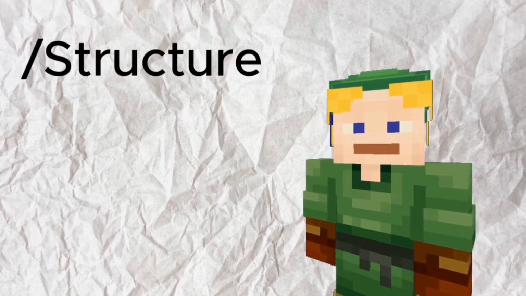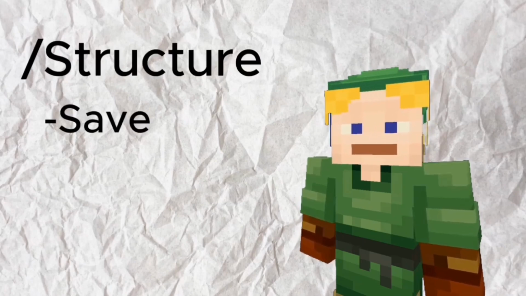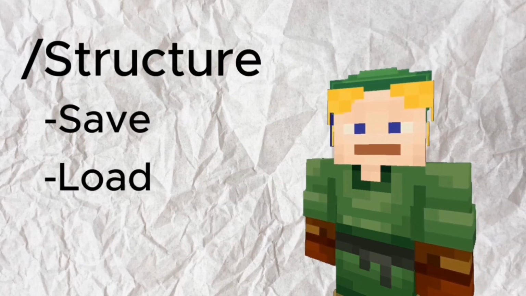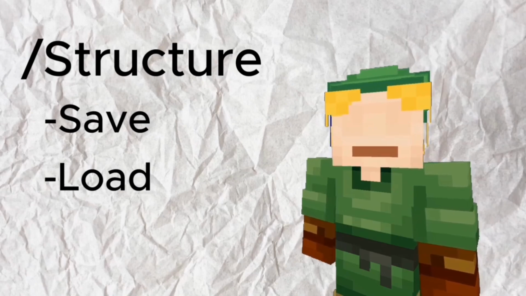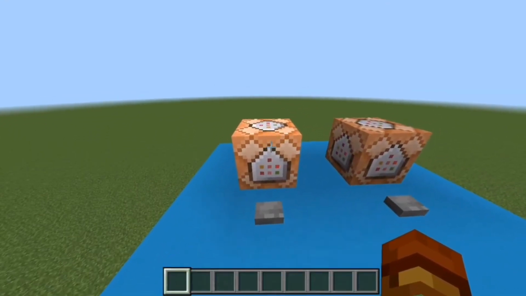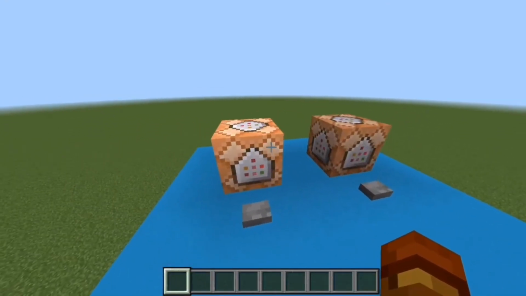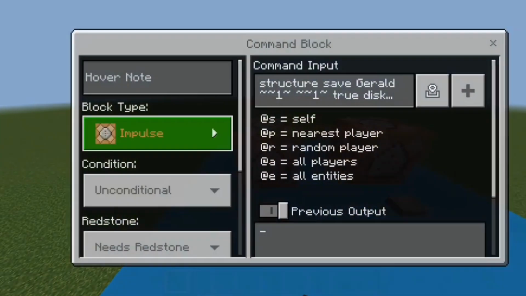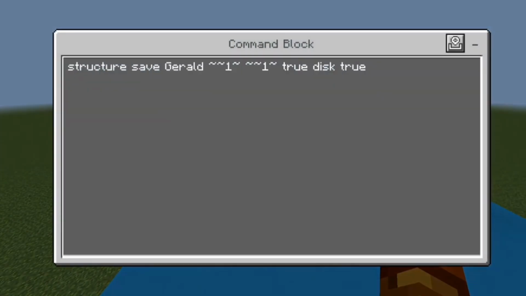Hello everyone, Linkboy3000 here, and today I'm going to show you how you can use the /structure command to save and load custom items and give them to other players. So let's get started. So this command is really easy to understand, and it only requires 2 command blocks, so let's get into it. It starts out with structure save Gerald ~ ~1 ~ ~ ~1 ~ true disk true.